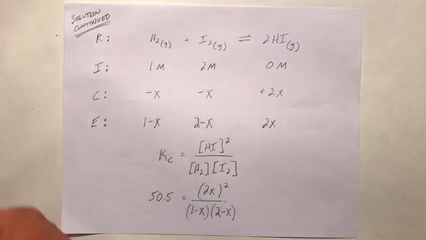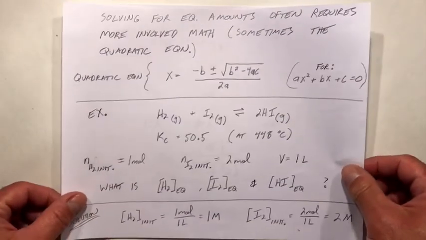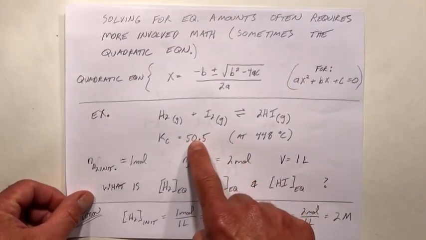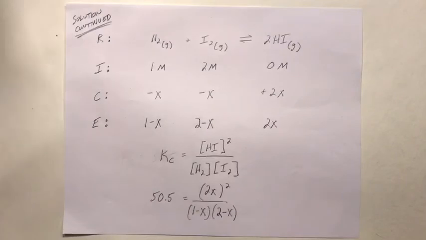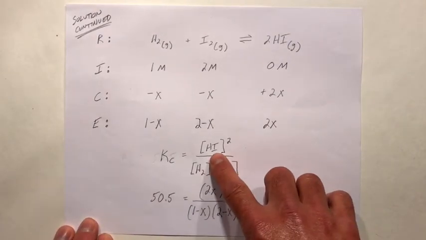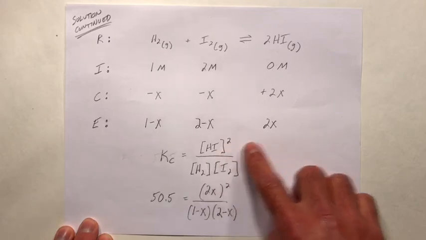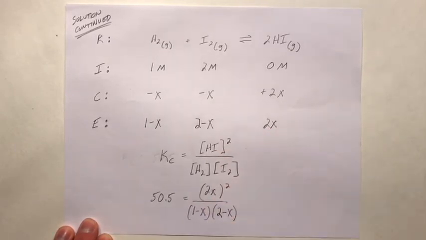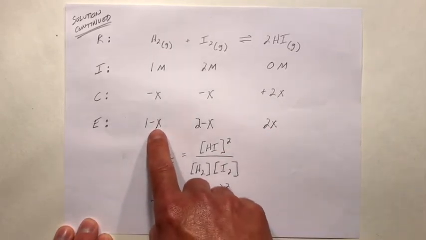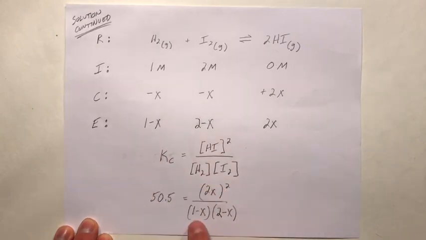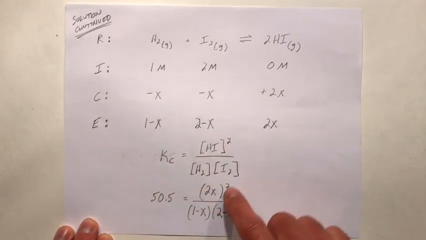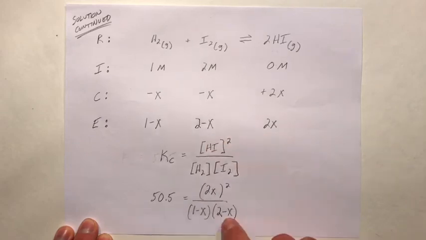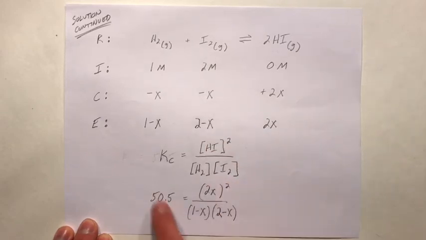That 50.5 was given in the problem. We know that we have to take the concentration at equilibrium of HI and square it, so it's 2x squared. Then we have to divide by the concentration of H2, which is 1 minus x, and divide by the concentration of I2, which is 2 minus x. So we have this expression.